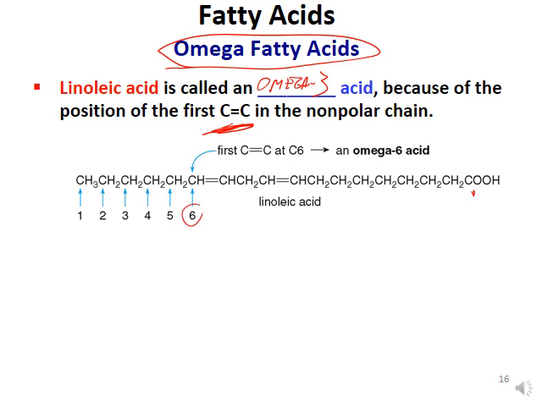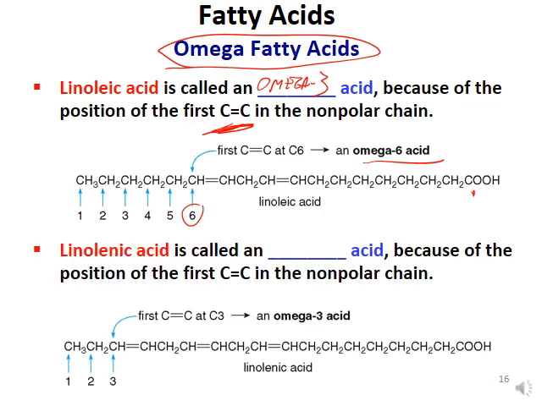And clearly, that's the 6th carbon, so that's an omega-6 acid. Linolenic is called an omega-3 acid because of the position of its first unsaturation point. Its first double bond is at carbon 3.